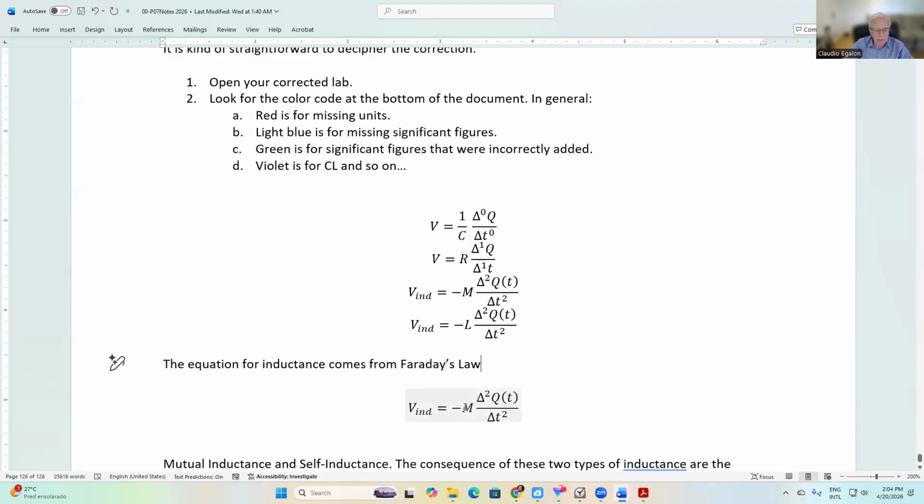It's going to be minus the number of turns times delta, it's not delta Q, it is delta phi.